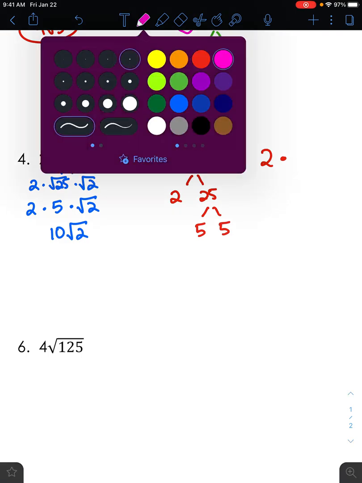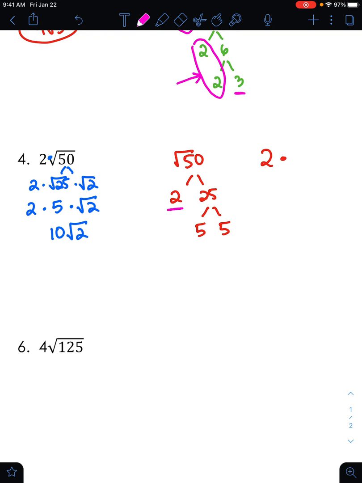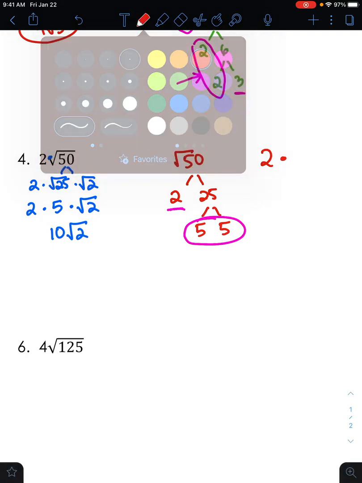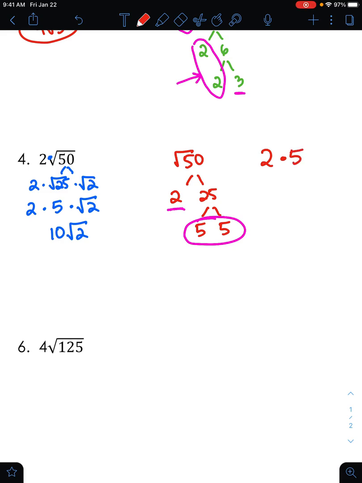So I have here a single 2 that stays under the radical, but square root of 5 times square root of 5 is 25, which is really just a 5. All right, so I have a 5 to come out of the double 5s. I've got square root of 2 here, and then there is my 10 square root of 2.